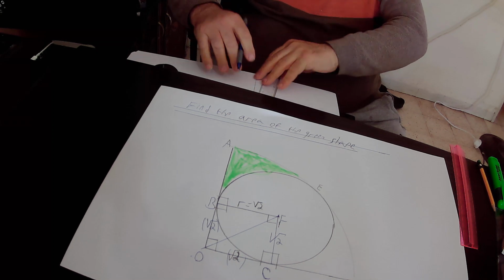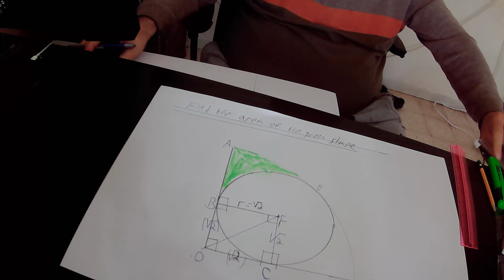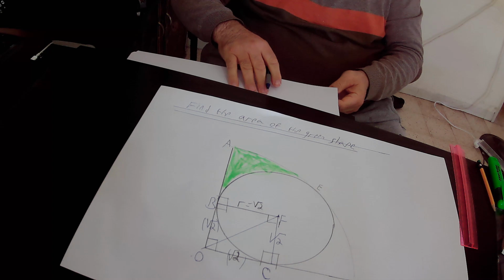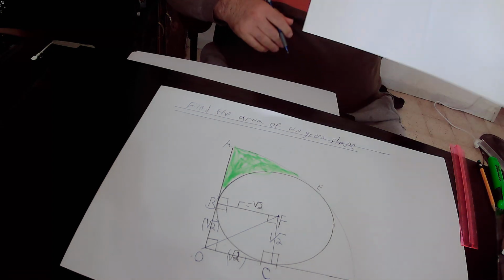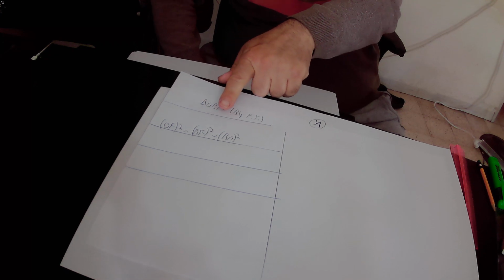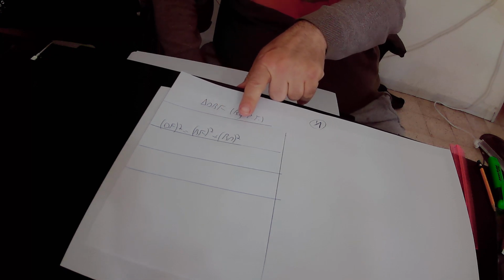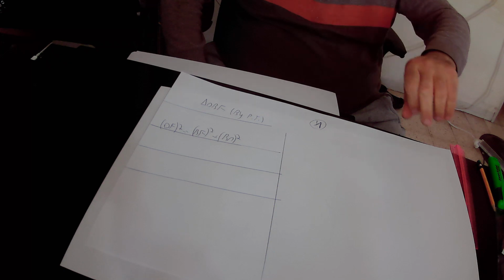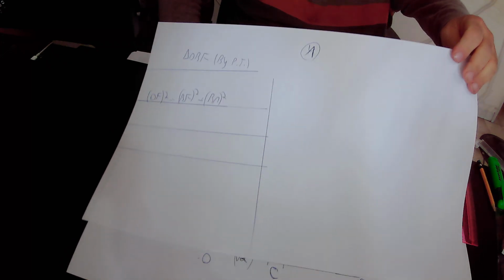Repeat again, in the right triangle OBF, OF square must be equal to BF square plus BO square according to the Pythagoras theorem.